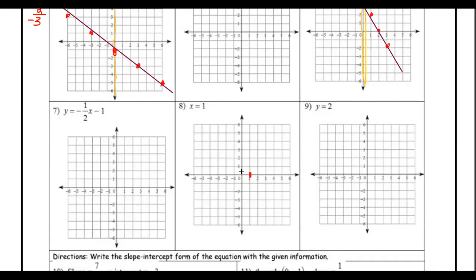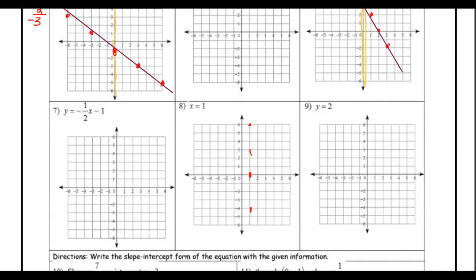That means you could pick 3 and x would still be 1. You could pick 6 for y and x would still be 1. You could pick -4 for y and x would still be 1, okay? So hopefully you get the point.